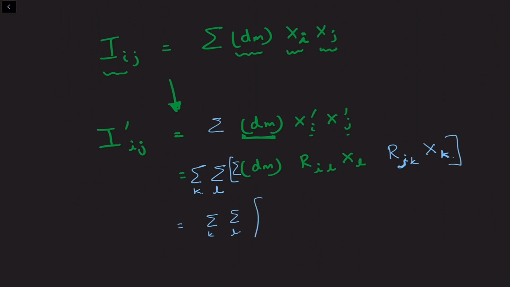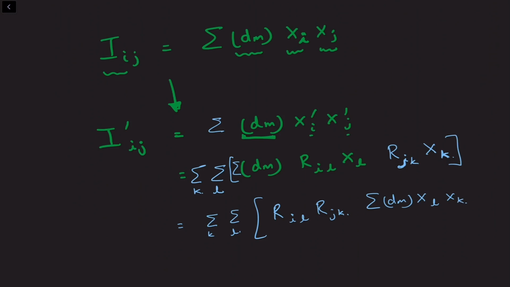So when I do that, I write this as R_il R_jk times the summation over masses of dm x_l x_k.